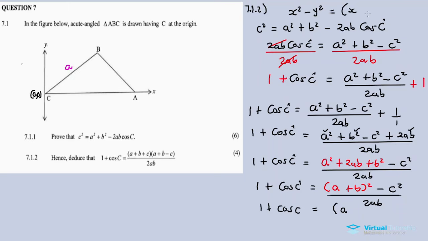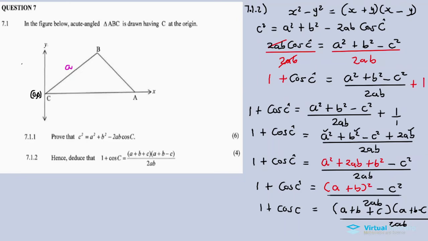A difference of two squares is x plus y, x minus y. So now here with a plus b, open another bracket, also with a plus b. I close this bracket, a plus b, times, minus y. So here it will be c, and here it will be c, one plus and the other minus, divided by 2ab.